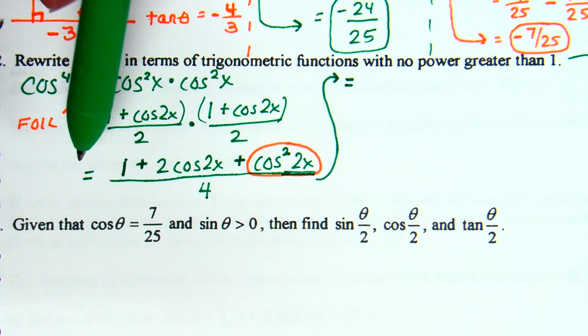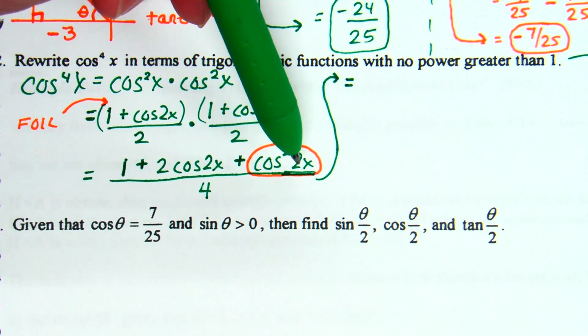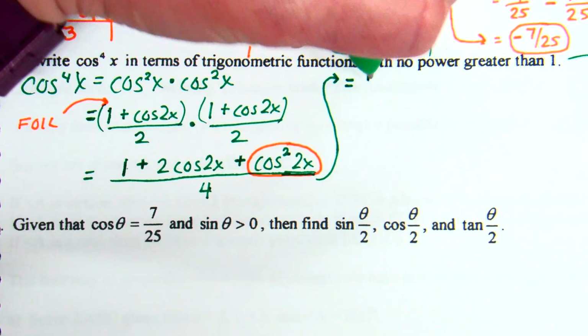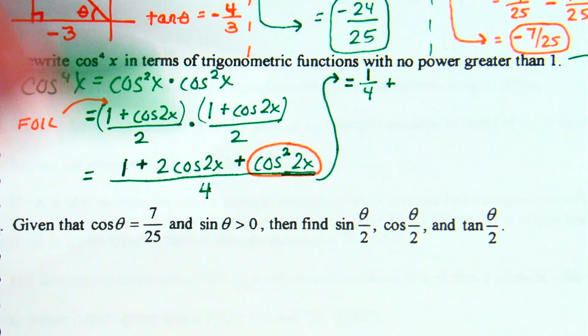So I'm going to break this up into 3 terms being added. The first one is 1 over 4. And again, I'm doing this because I don't want to have a fraction within a fraction at the end. Okay? When I get to that final term. Plus, the next one, 2 cosine 2x over 4.